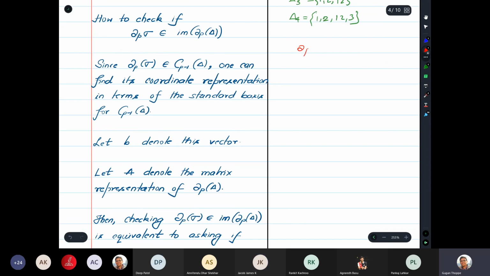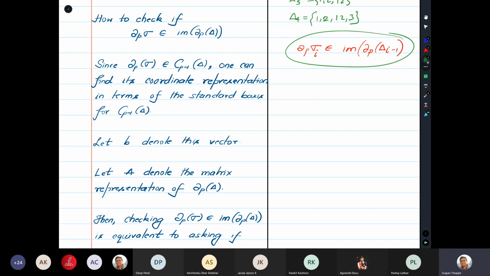So let me first write it. Our goal is to check whether ∂p of sigma lies in the image of ∂p of delta i minus 1. Okay. So this is the condition that we have to check. So at the ith step, I know delta i minus 1, and I'm going to add sigma i to it to make it delta i. And this is what I need to check.